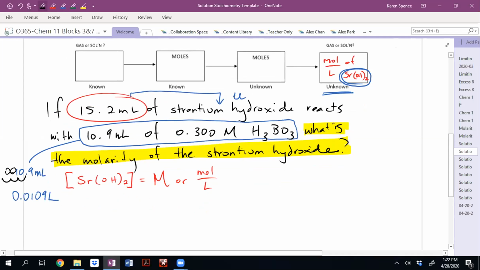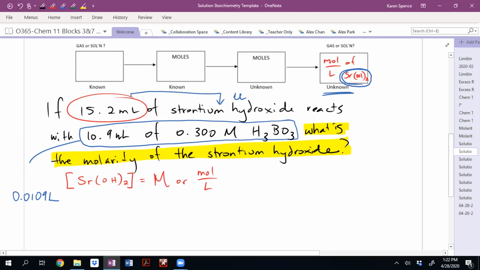Did I do that right? It's hard to write on the side of the screen. It doesn't like it. 10.9 milliliters, and now if we move our decimal place 1, 2, 3, there we go. That's better.